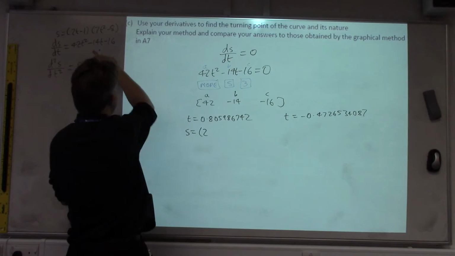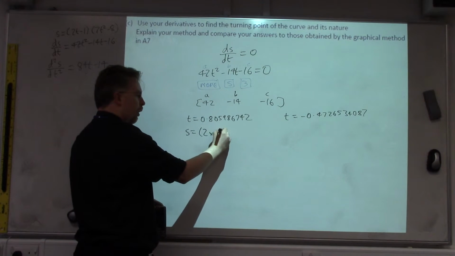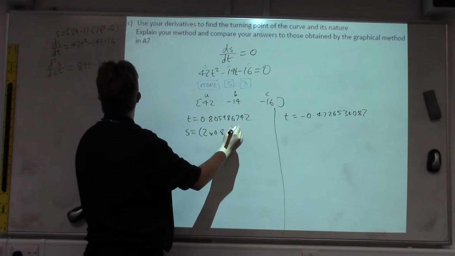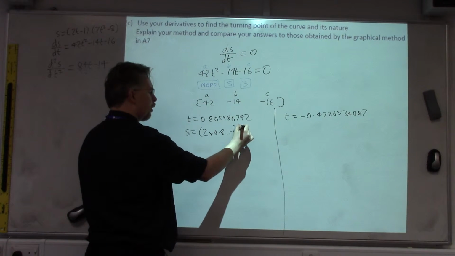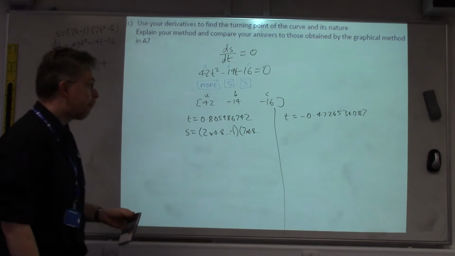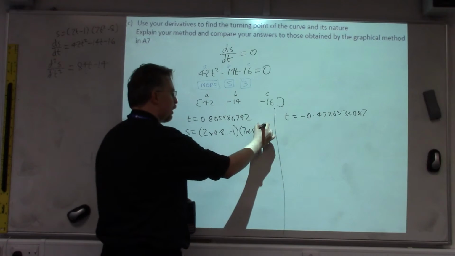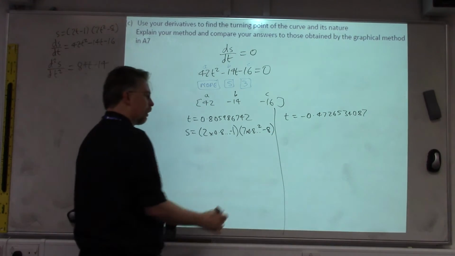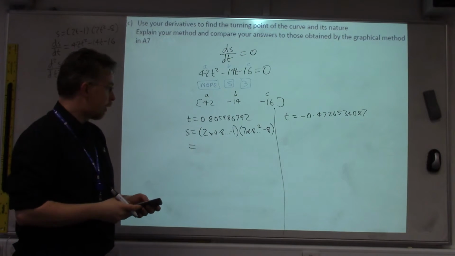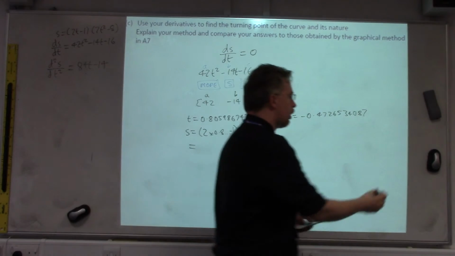So we go back to the s equals formula. So we've got 2 times t, so 2 times 0.8, minus 1, close bracket, 7 times 0.8, I'll write in the whole number, but that's what you'd have to stick into the calculator, squared, minus 8, close bracket, equals. So we need to do mode 1 to go back to normal mode.